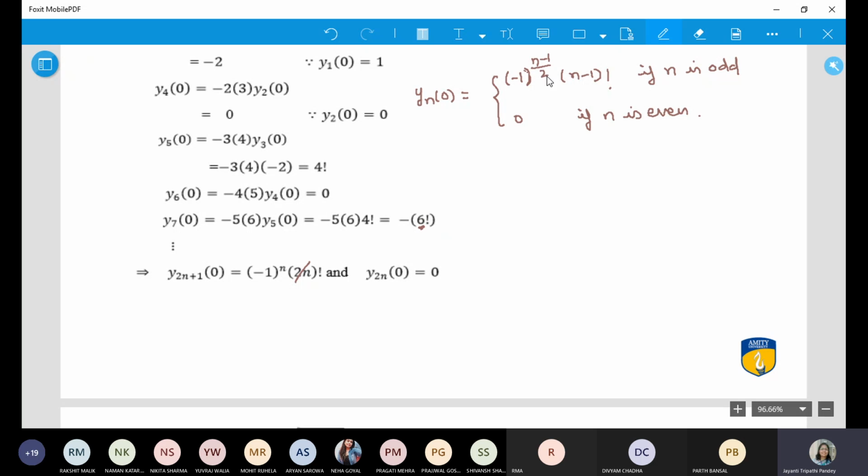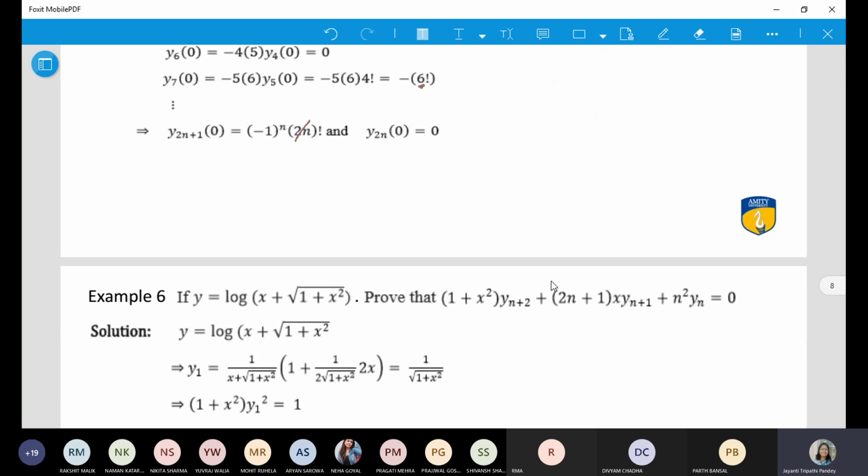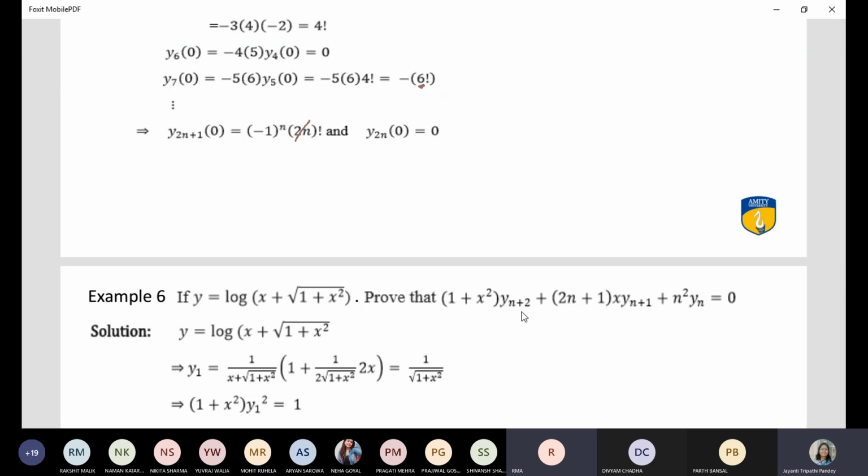So it has to be this only. Okay? Understood? Yes or no? Now I want you to solve one more question, which is simpler one, and then I'll proceed to the next concept.